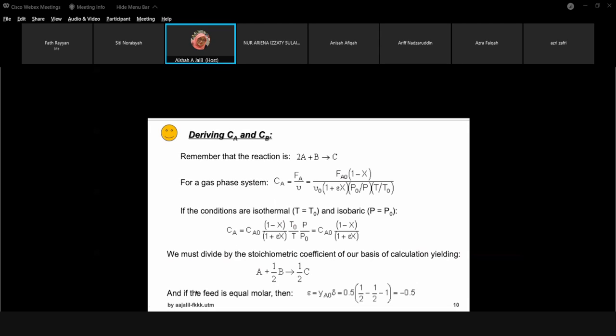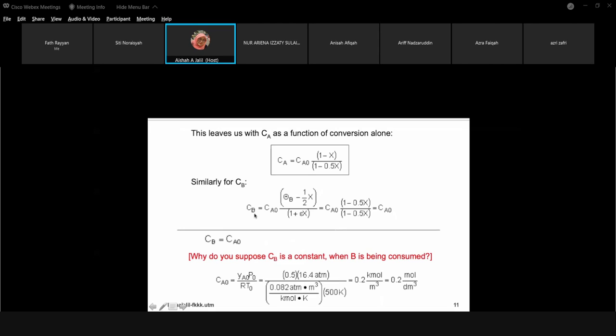You just take the right hand side, for C_A0, but you have to calculate theta_B. For this example, you get C_B equals C_A0.